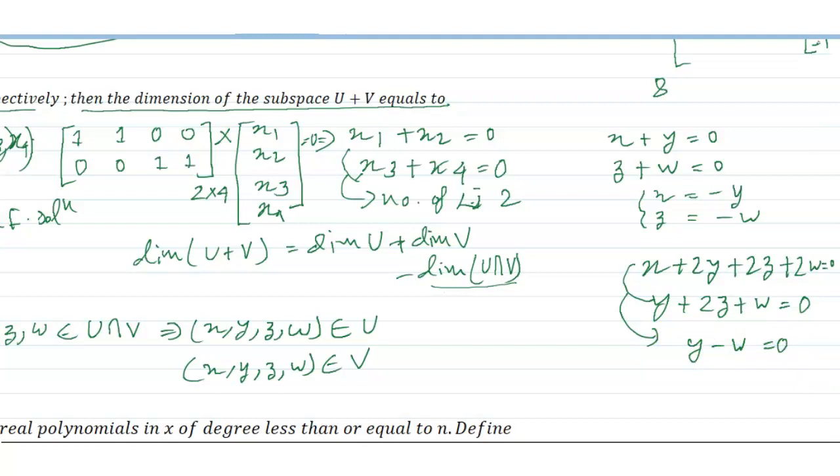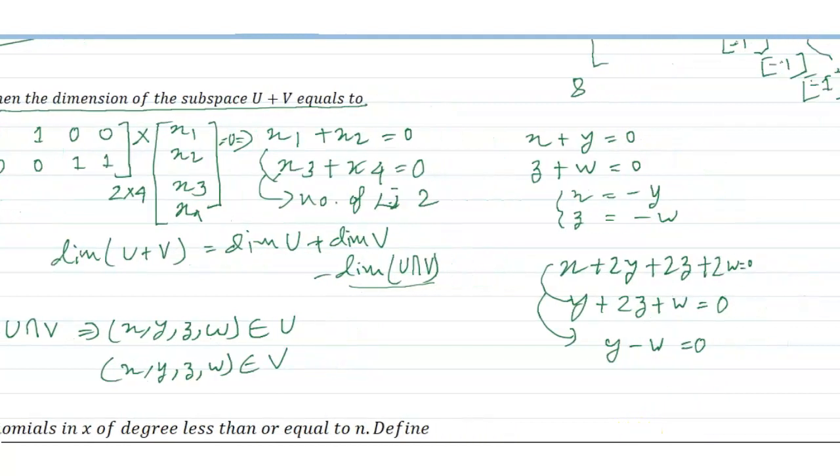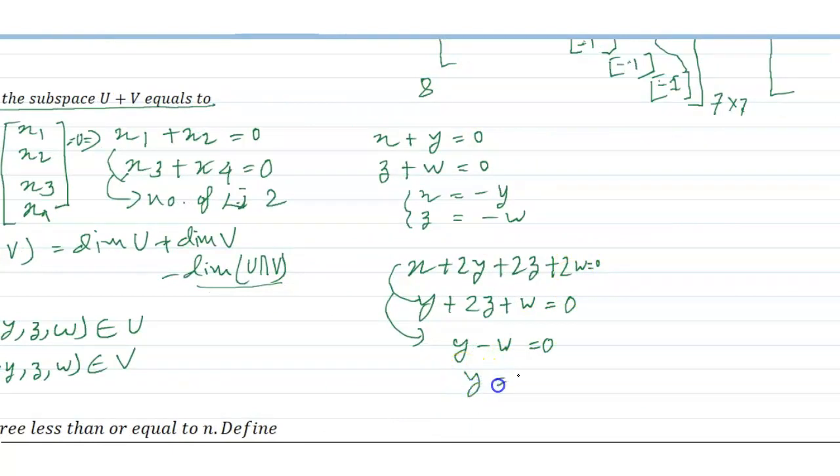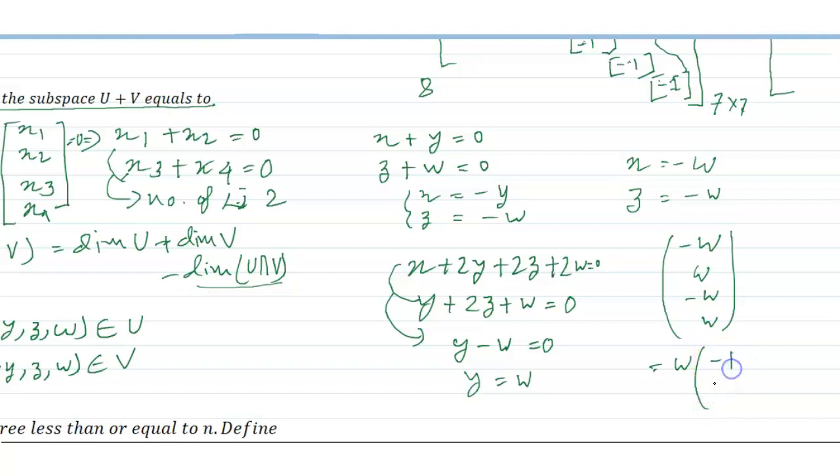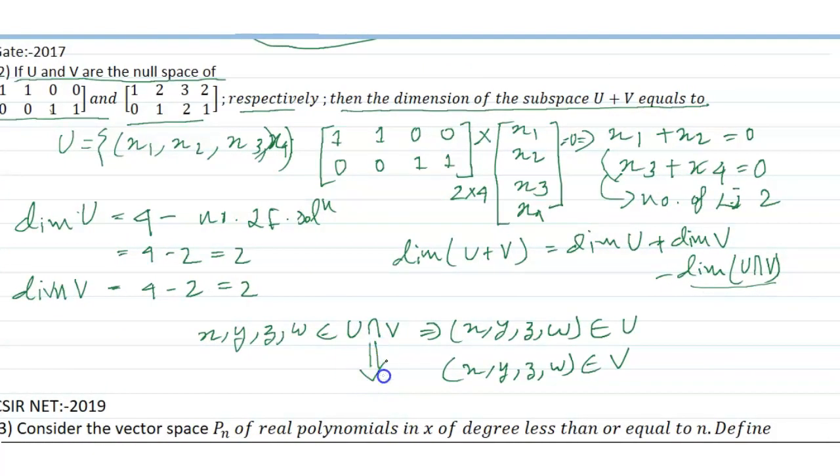So y equals to w. So I can write x is equal to minus w and z equals to minus w, and y equals w, and my vector is, if you take w common, minus 1 1 minus 1 1, and I get only one vector. So here the number of independent vectors is 1.